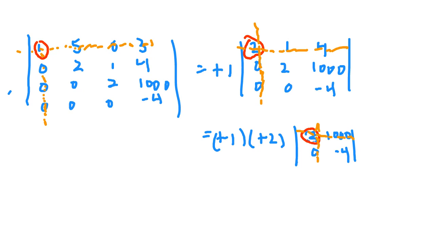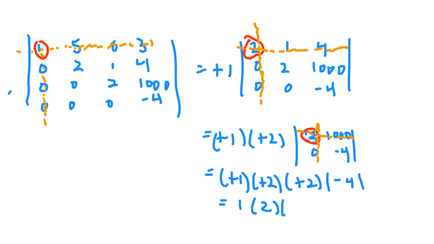So what we have is the plus 1 times the plus 2 times the plus 2 again times the determinant of -4. And the determinant of -4 is just -4. It's just itself. So you get 1 times 2.